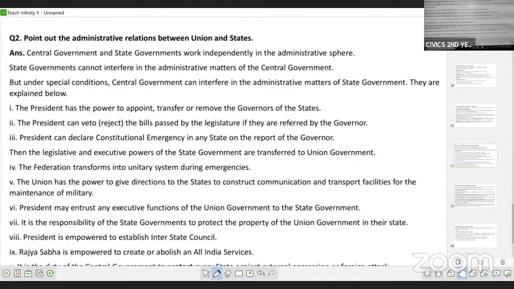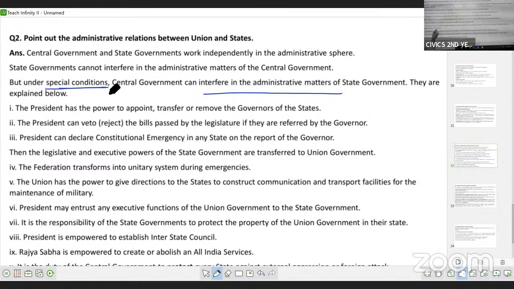But under special conditions, the central government can interfere in the administrative matters of the state government.